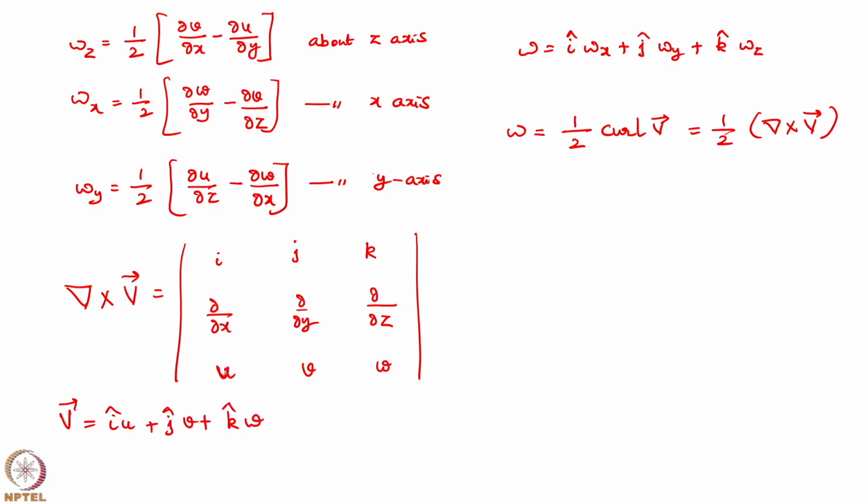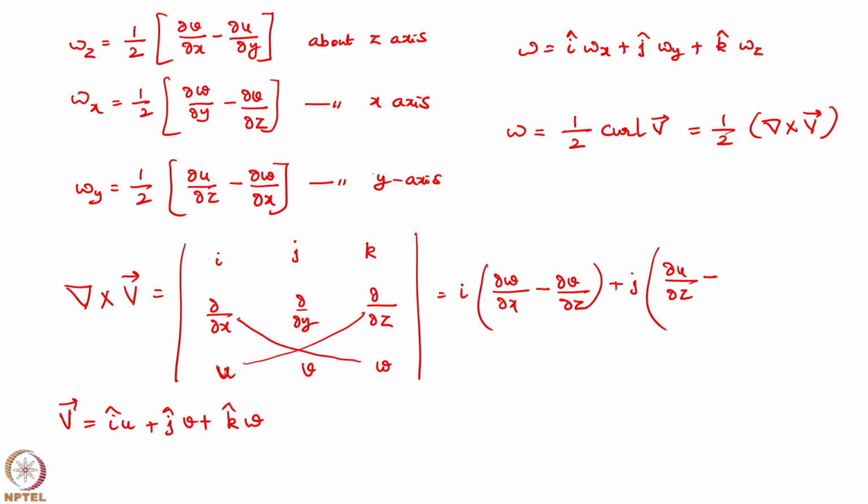Okay. So if you expand this, i into ∂w/∂y, that is this, minus ∂v/∂z, that is this. Okay. So now plus j into, this is opposite, that is ∂u/∂z minus ∂w/∂x.